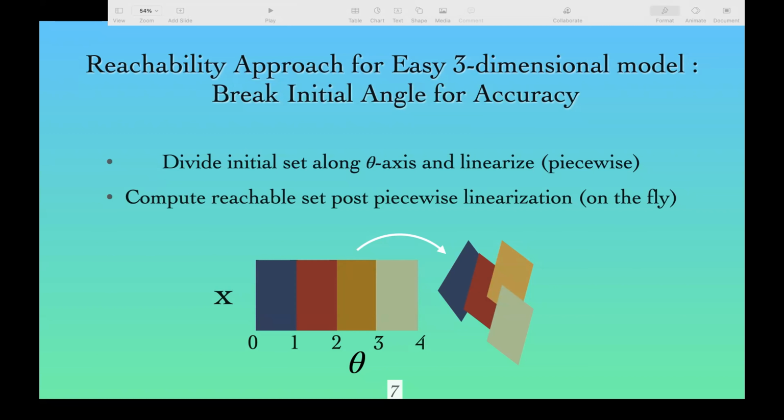Such an approach is feasible because the dimension of the initial set is just 3, because it's small dimensional, and the nonlinearity only arises because of the theta variable. So we'll be able to compute very accurate bounds for the single unicycle model using this approach.